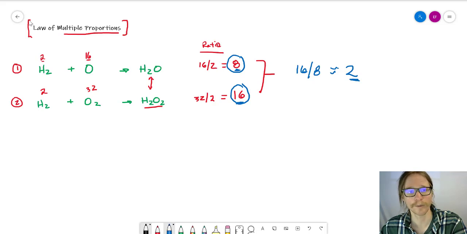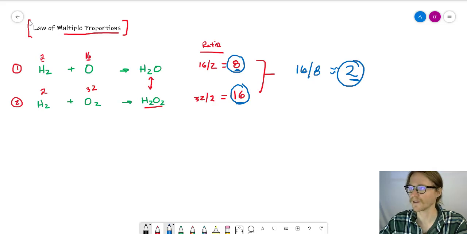So the law of multiple proportions, summarized again, states that elements can combine in different ratios to create wholly different compounds, which is the difference from the law of definite proportions, but their mass ratios will always be whole numbers of each other. They'll never be fractional numbers, and that's important.